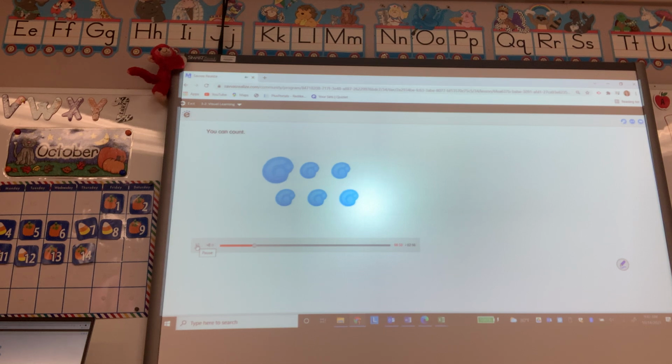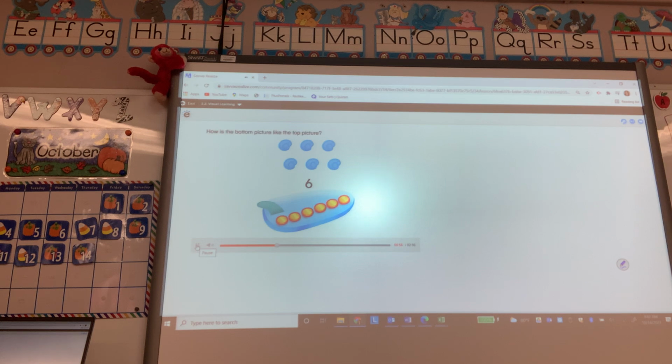You can count. There are 6 shells. How many counters are there? There are 6 counters.